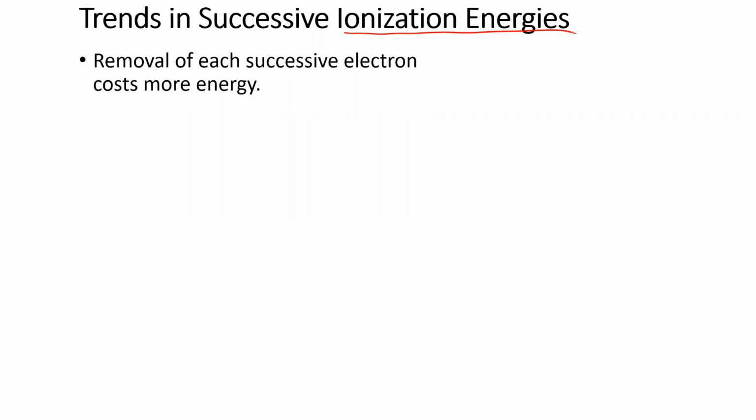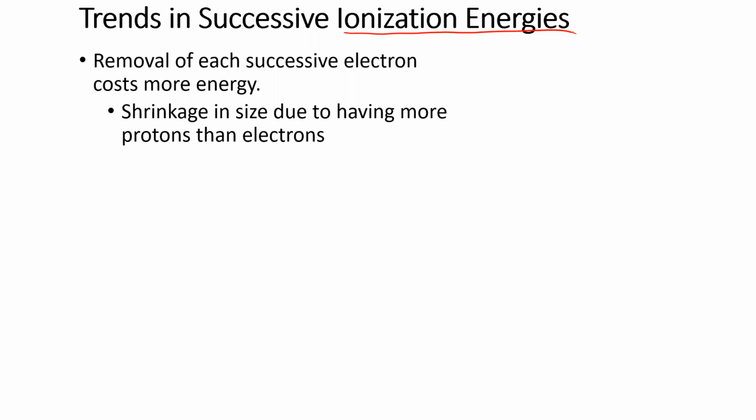So this video is focusing on, well, what are the trends we see when we remove more than one electron? The removal of each successive electron requires more energy. So to remove two electrons requires more energy than to remove one. Why is that?